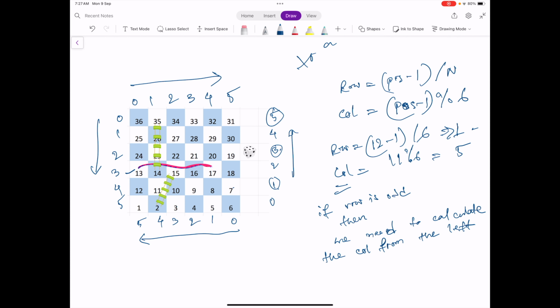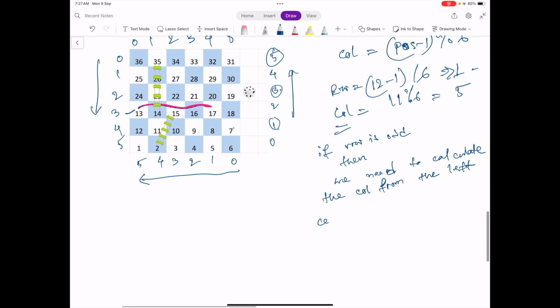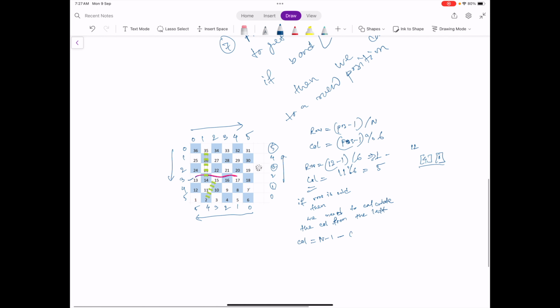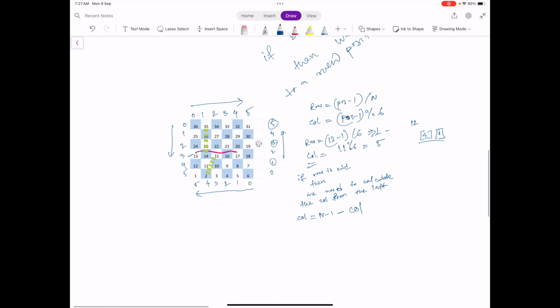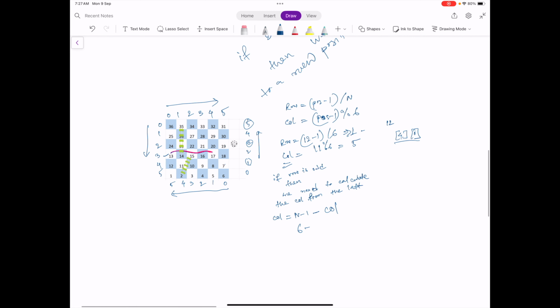So what will the column be? Column would be n minus 1 minus column. In the current case, which is 6 minus 1 minus 5, which is 0. So we got 0.